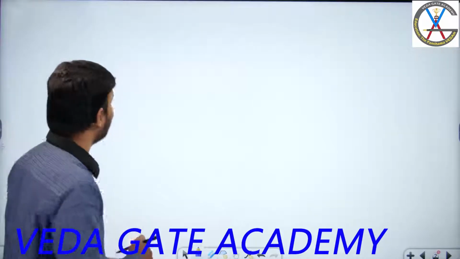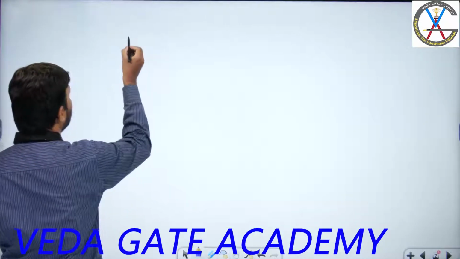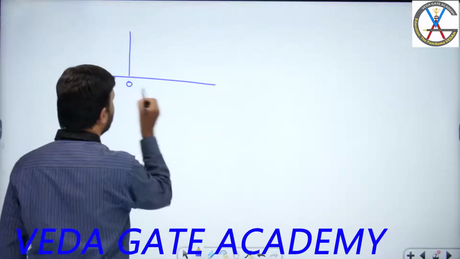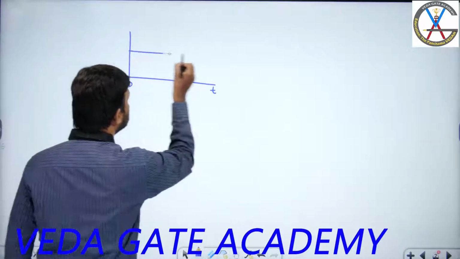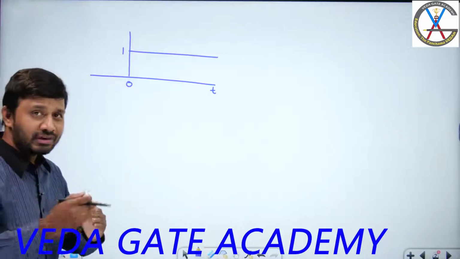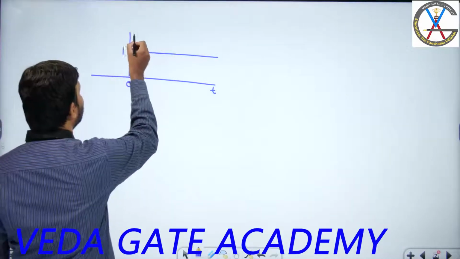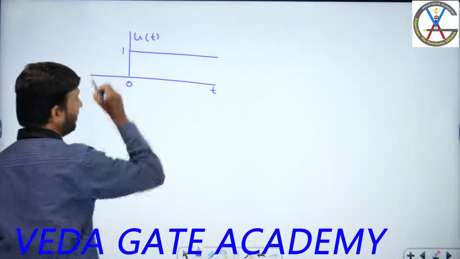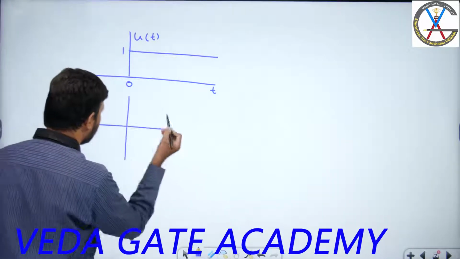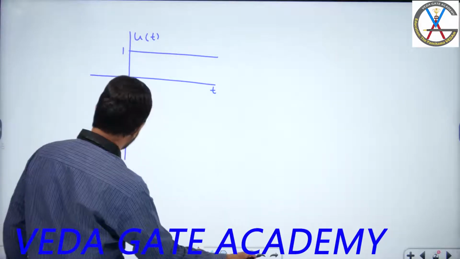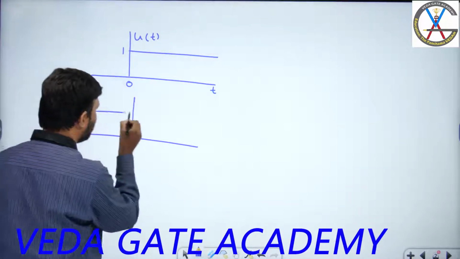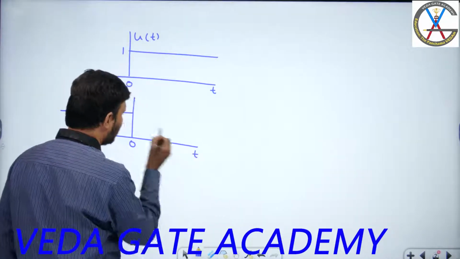Observe here. Listen carefully. If I ask you, what is this signal? This is nothing but the previously discussed signal, continuous time unit step, U of t. Fine. After this, if I ask you, what is this signal?